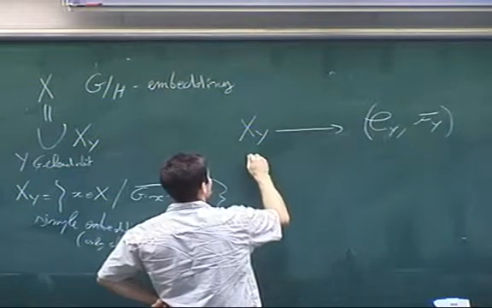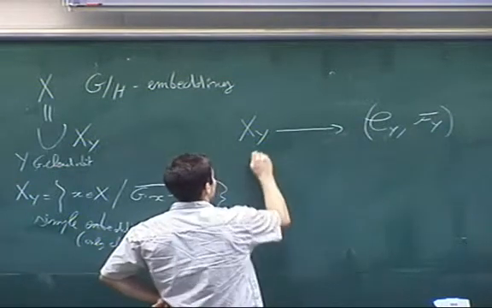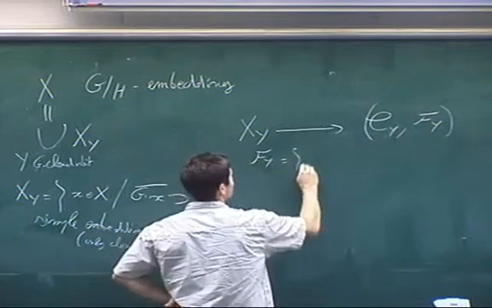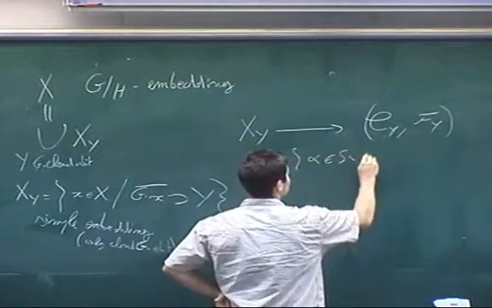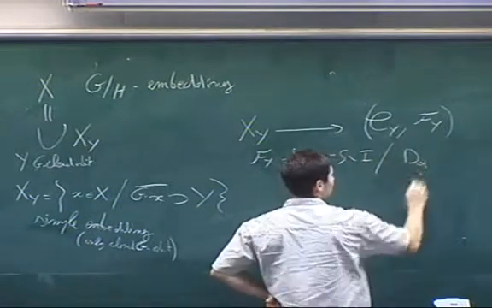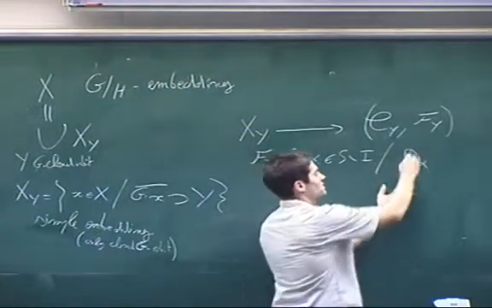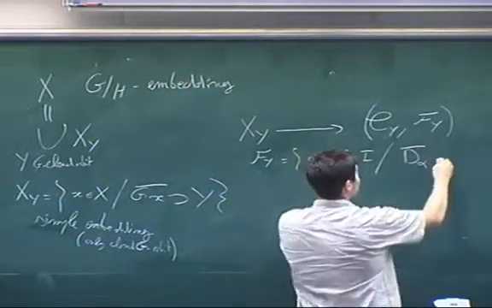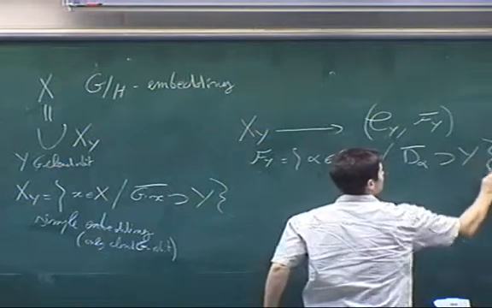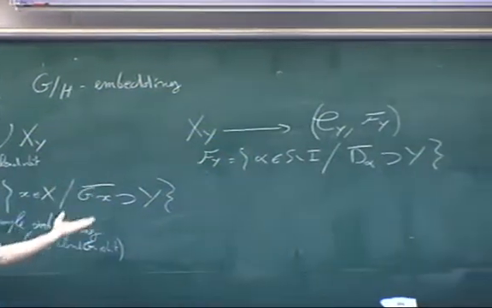F_Y will be the set of alpha in S minus I such that the B-stable divisor in G/H, when we take its closure in X, contains the closed orbit; then we say that it's a color.